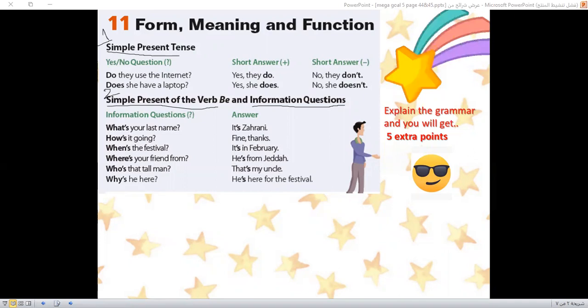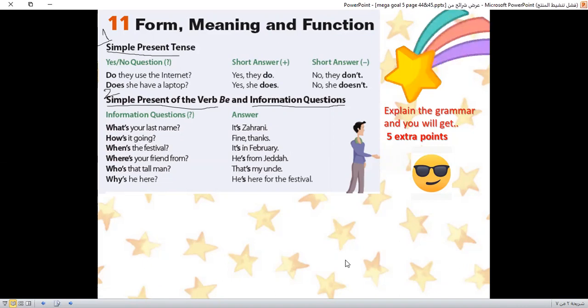What are those? What do we call them? Subject. Yes, very good. Subject with verb. Thank you so much, Hanan. Very good. Yalla Hatun, which part do you want to explain? The first part. Yes, please.